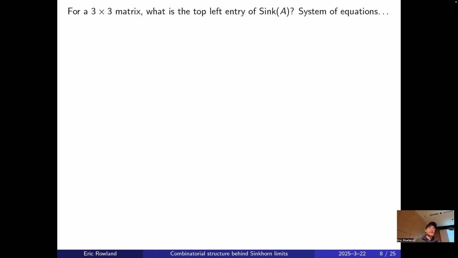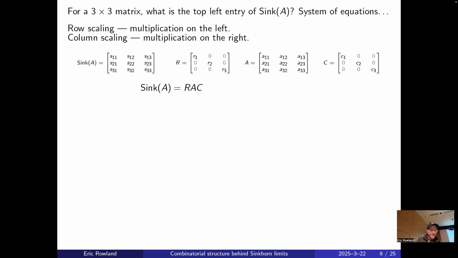So for a 3x3 matrix, can we determine the top left entry of the Sinkhorn limit? And you can write out a system of equations for doing this, right? Every time you scale the rows, that's equivalent to multiplying on the left by some diagonal matrix. And every time you scale the columns, that's equivalent to multiplying on the right by some diagonal matrix.